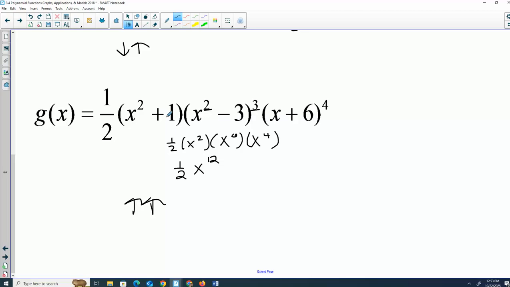Yes. How did you get x to the 12? I added these exponents. So 2 plus 6 plus 4. So it's all together, how many x's do we have? Other questions? Okay.